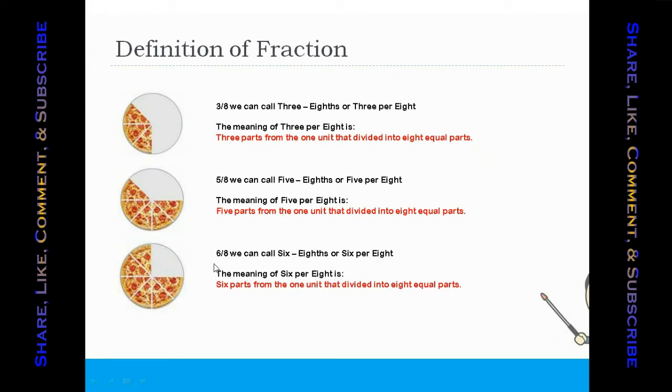We have 6 per 8 now. 6 per 8 we can call 6 eighths or 6 per 8. The meaning of 6 per 8 is 6 parts from the 1 unit that divided into 8 equal parts.